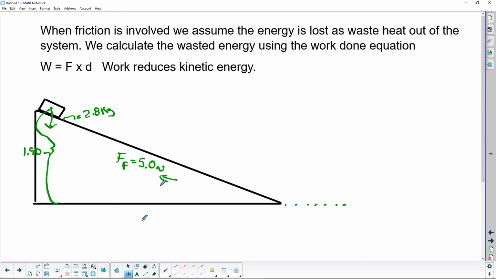Okay? And then the idea is, what is the velocity at the bottom of the hill or ramp? Okay, so we've got gravitational energy here. We've got work done here.